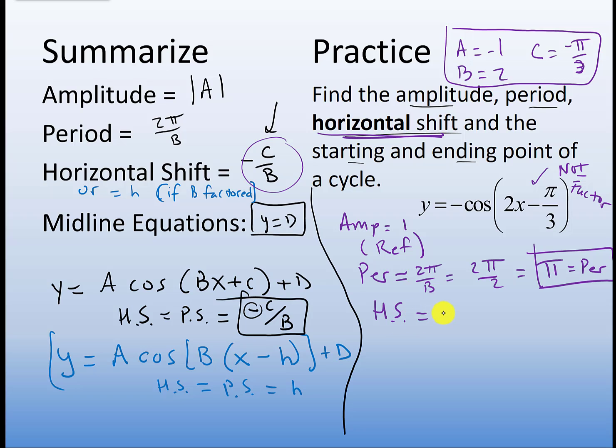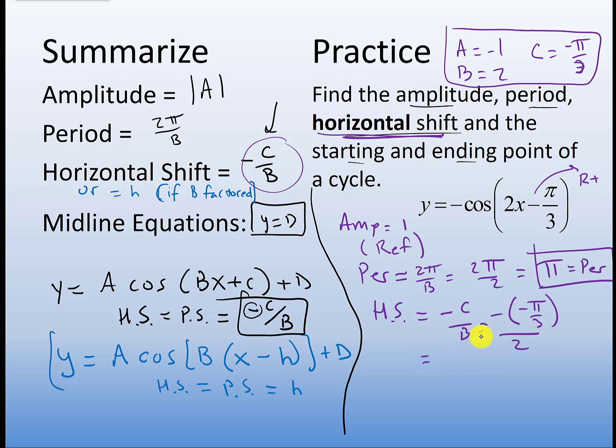Next, the horizontal shift. We have a little formula for it. Now we already know this is going to start on the right. Because of the negative, we know it shifts right. And so I need a starting number on the right side. Well, watch what happens here. Negative c over b is the negative of -π/3 divided by b, which is 2.